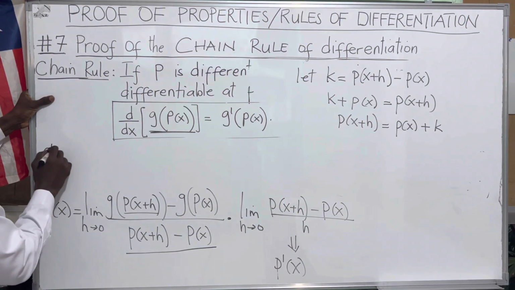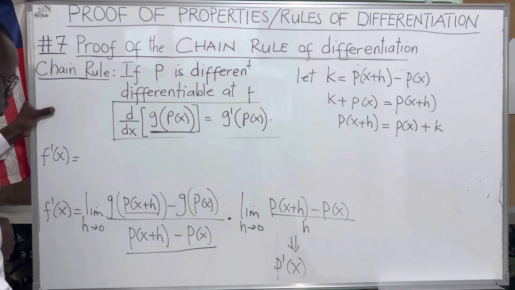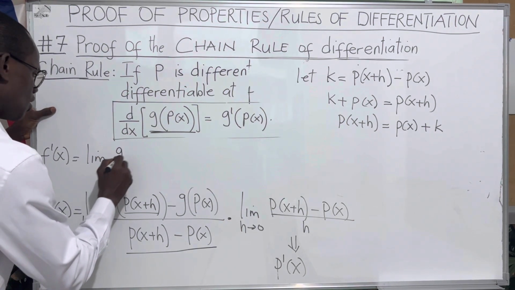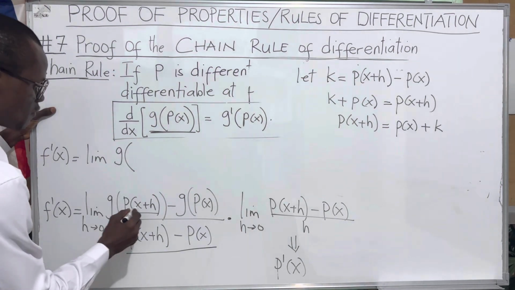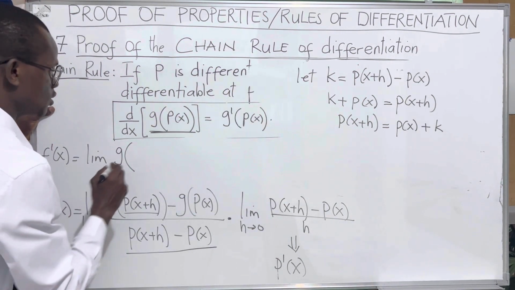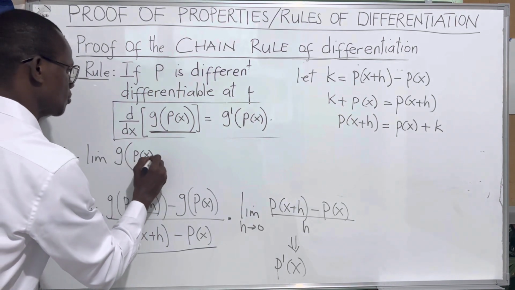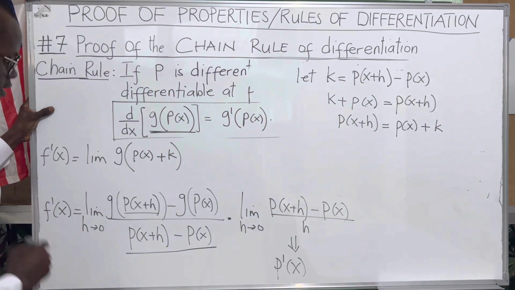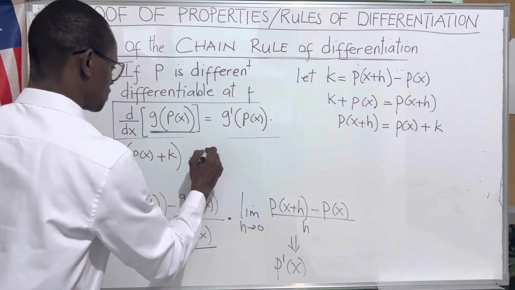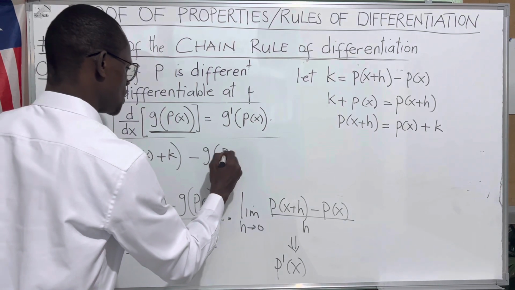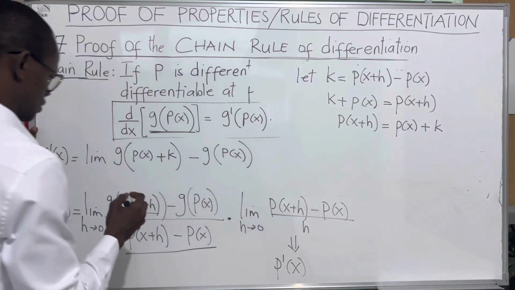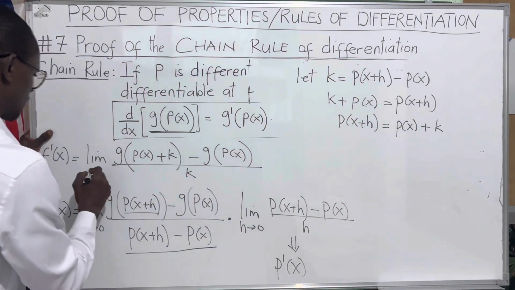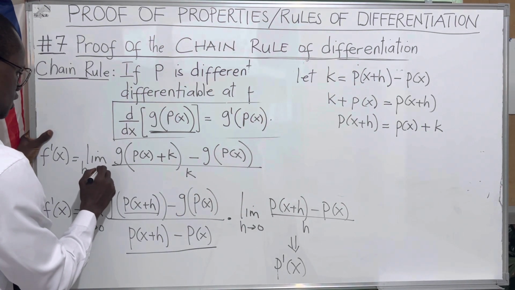So we have f prime of x now to be equal to the limit of g of, so this p of x plus h is just equal to p of x plus k, minus g of p of x, all divided by this whole thing down here, which is k, as h approaches 0.